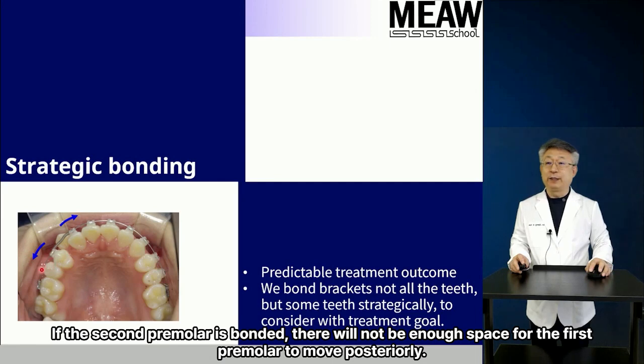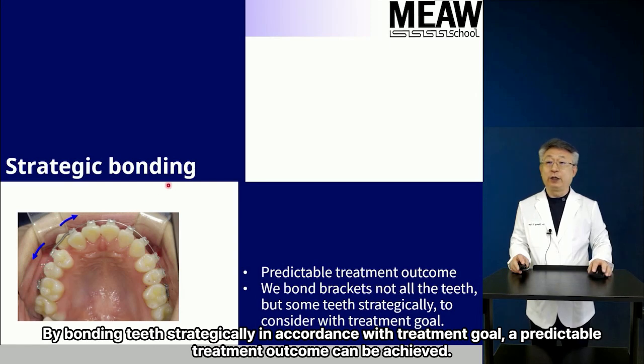If the second premolar is bonded, there will not be enough space for the first premolar to move posteriorly. By bonding teeth strategically in accordance with treatment goal, a predictable treatment outcome can be achieved.